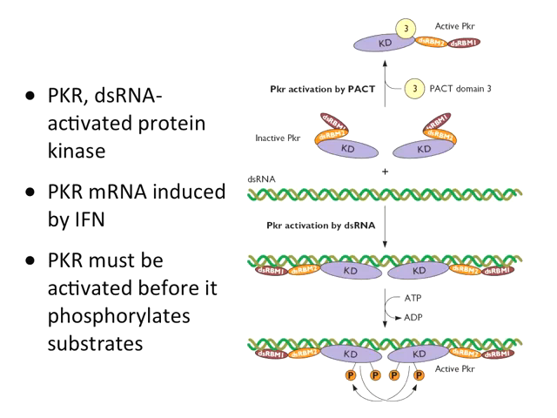Now, the way that this works is that PKR is normally present at a very low level. When it is produced, it needs to be activated. So the mRNA is induced by interferon. It has to be activated before it can phosphorylate EIF2. And what we think happens is when viruses infect cells, most of them produce double-stranded RNA.